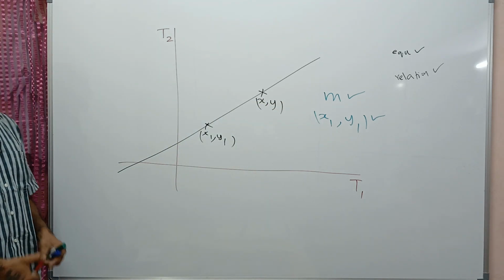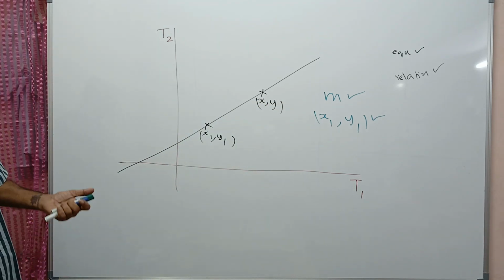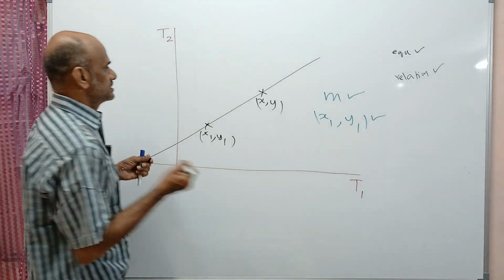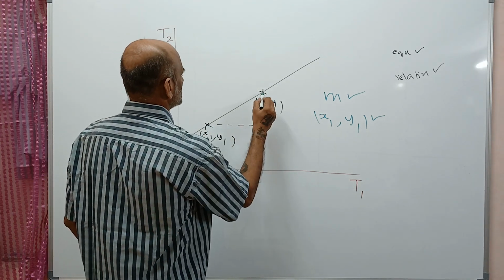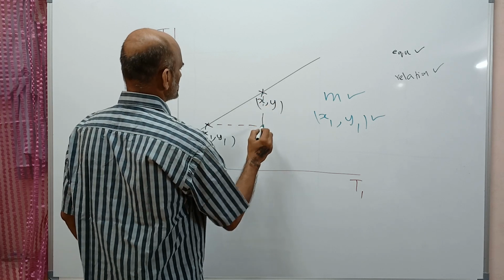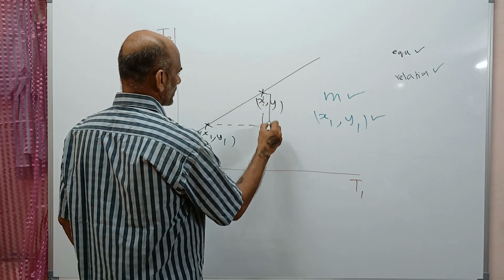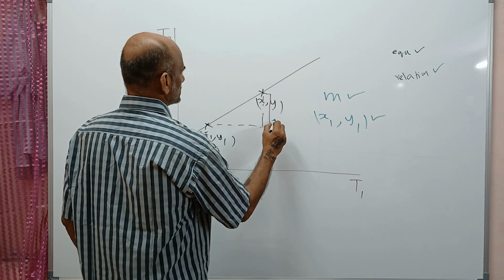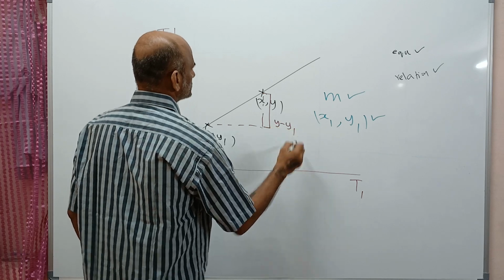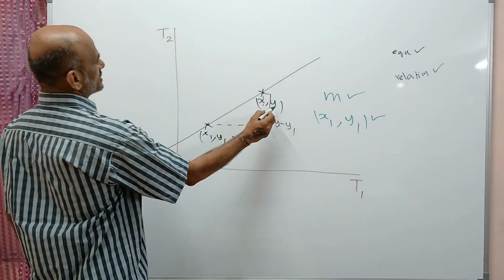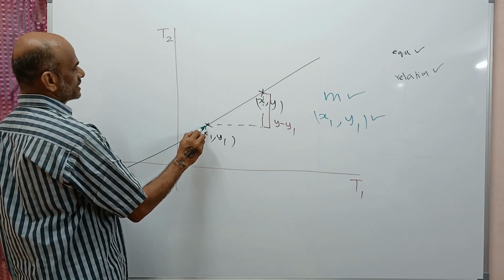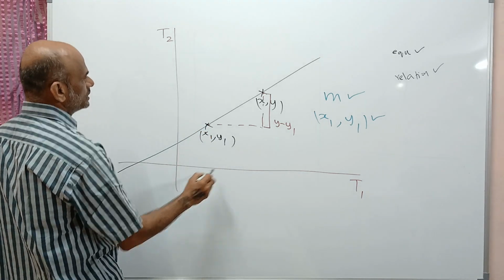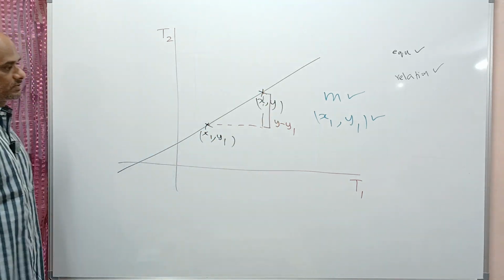The property of the line is slope between any 2 points is same. So this slope between these 2 points is delta y by delta x of these 2 points. So this delta y is y minus y1. The coordinate of the point is y, that means from here to here it is y, and coordinate of this point is y1, y coordinate, so from here to here it's y1. So from here to here it is y minus y1.